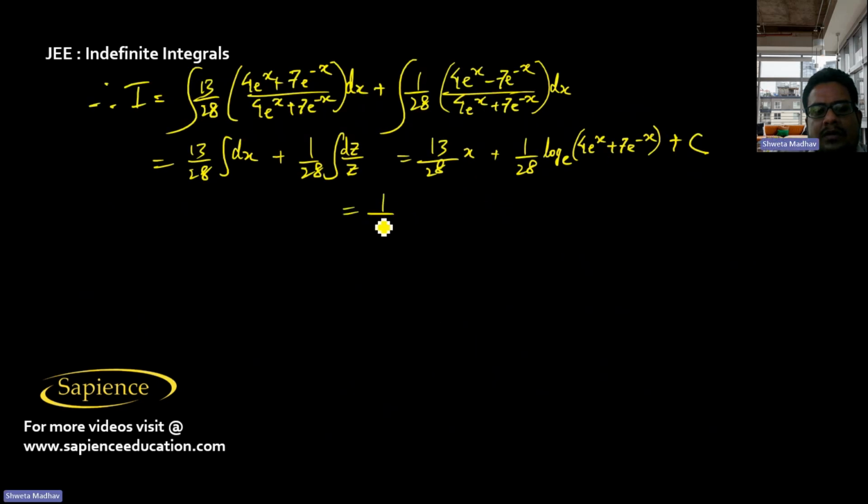Now we can write this as 1 by 14 into 13 by 2 x plus 1 by 2 log base e of 4 e power x plus 7 e power minus x, plus c.